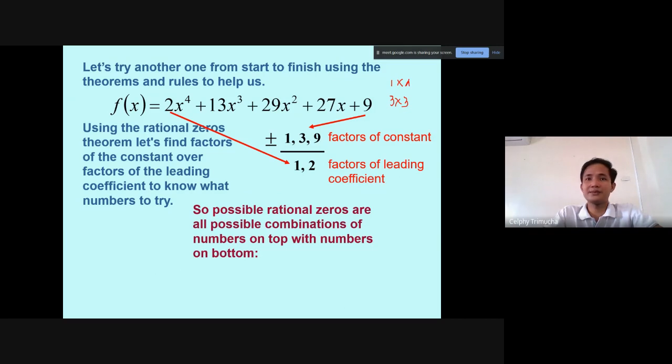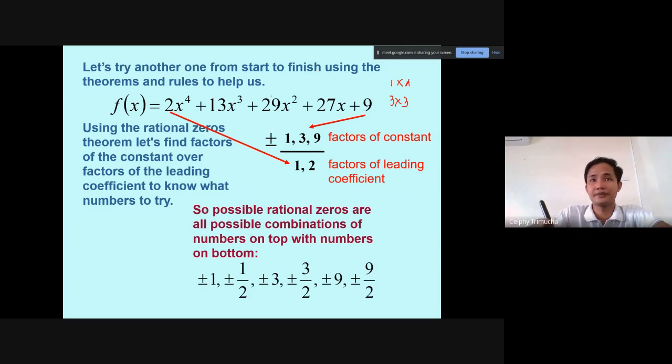So possible rational zeros are all possible combinations of the factors of your numerator and denominator.